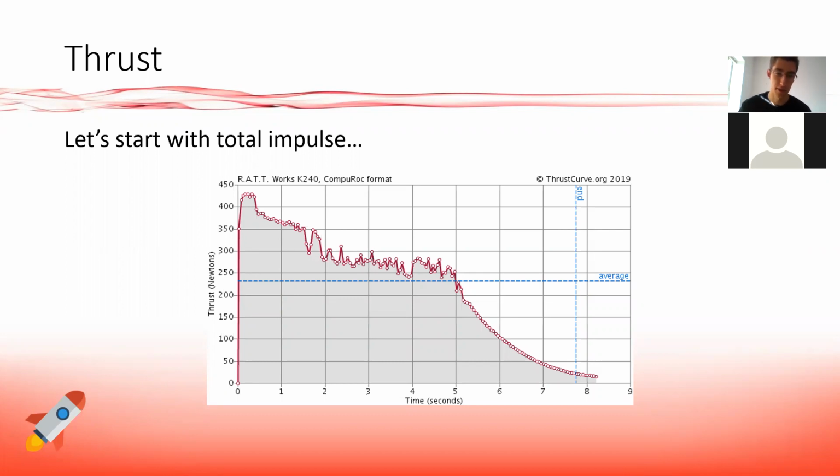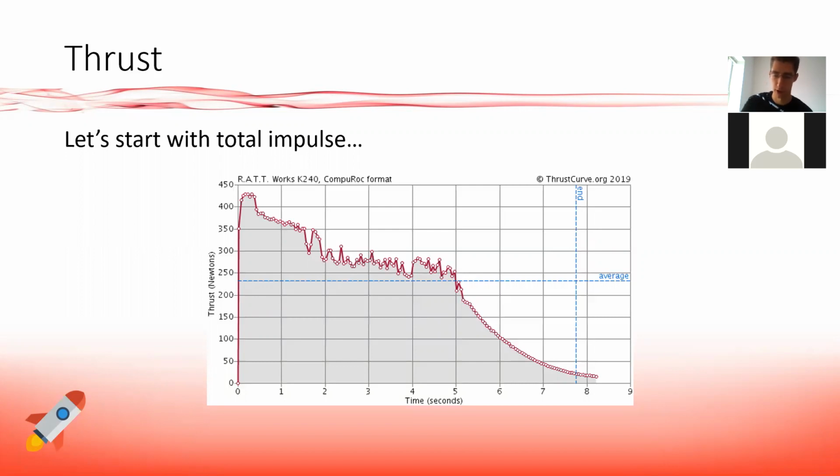The thrust curve essentially shows what thrust you get at any time instance of the operation of the motor. And the area under that curve is total impulse. It essentially tells you how high your rocket is going to go. So if you have double the impulse, you can expect that your rocket should go double as high.